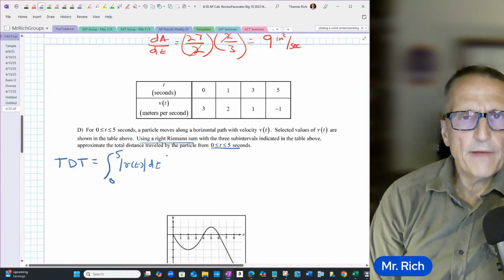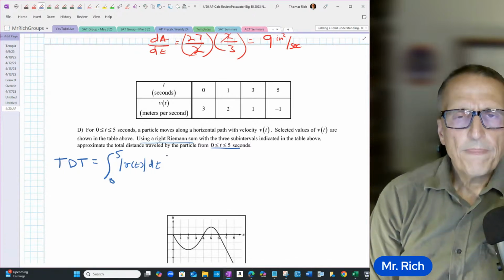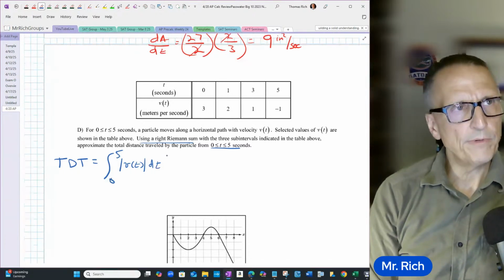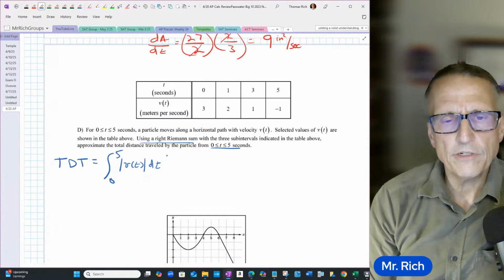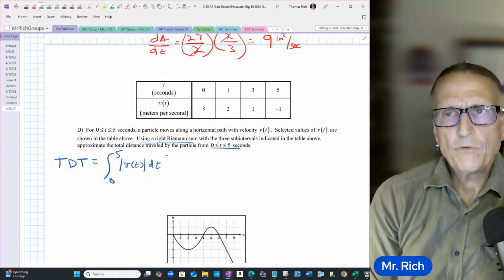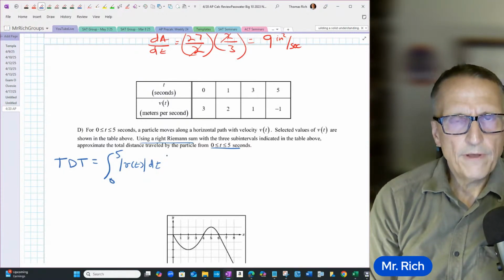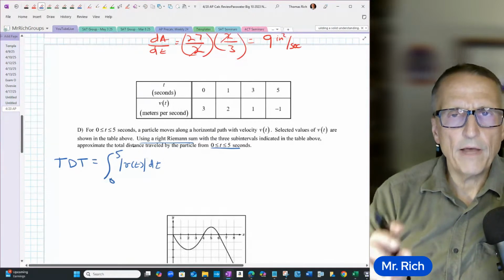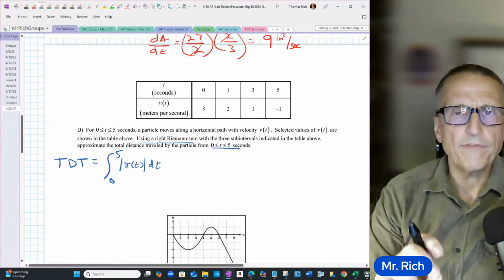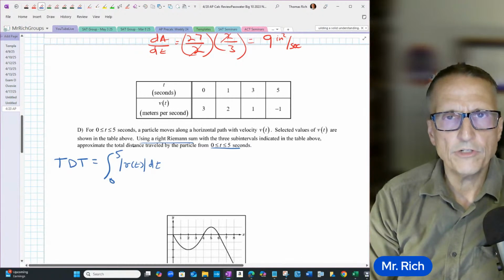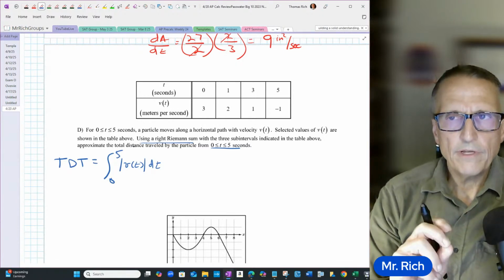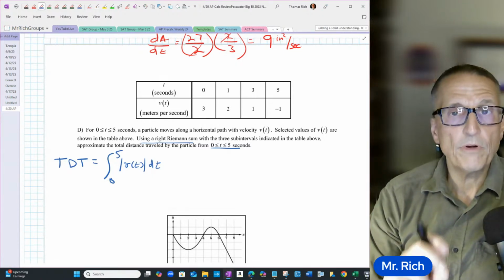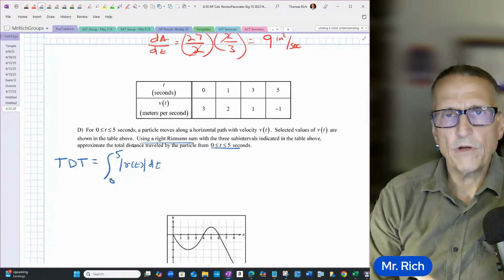Now, why do we do the absolute value on total distance traveled? Remember that total distance traveled means we want to know how far the object is traveling without respect to whether it was moving right or left. If you were to take the integral of just velocity and the object is moving both right and left, you are going to end up not with total distance traveled. You will have something less than that, because you will get what's called displacement.